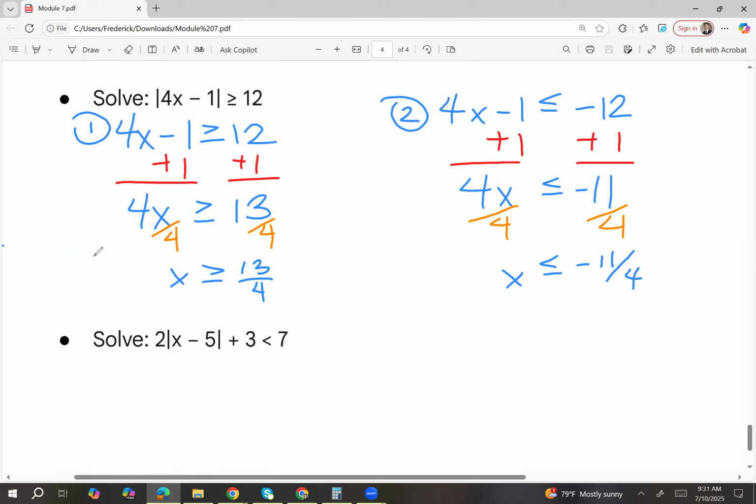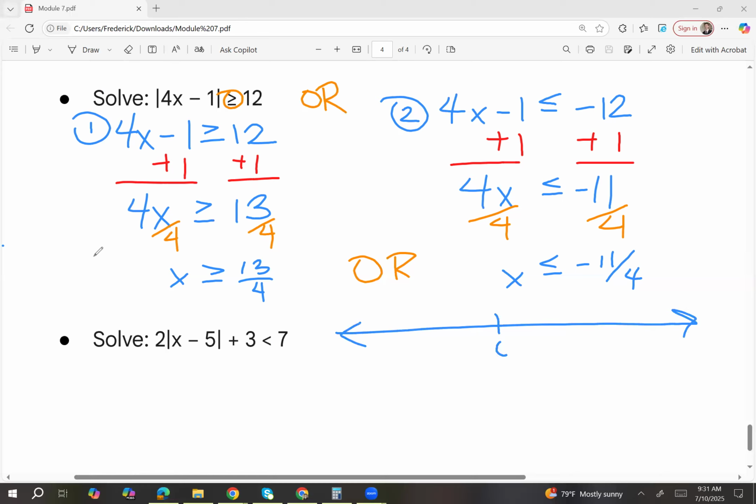The equal bar doesn't matter when you're deciding and versus or on the absolute value inequality. This is a greater than, which translates to an or interpretation. The x needs to be greater than or equal to 13/4 or less than or equal to negative 11 over 4. So let's just map this out.